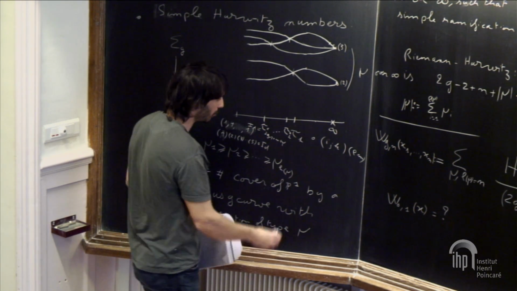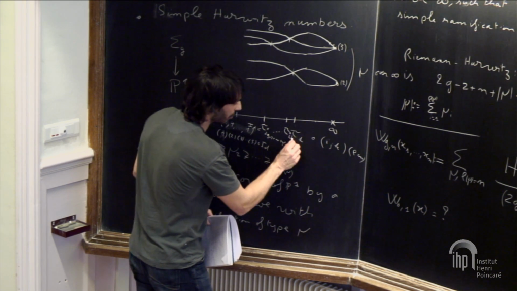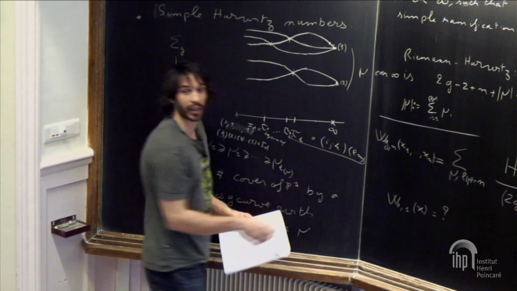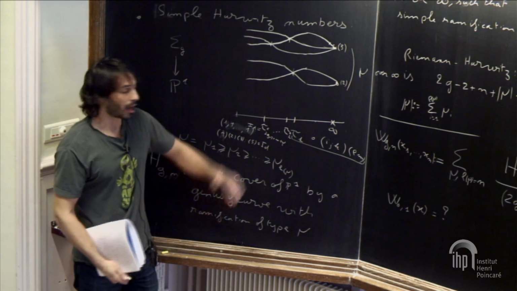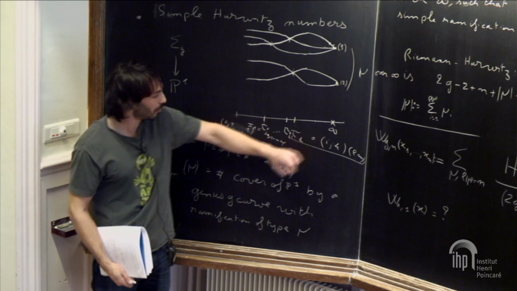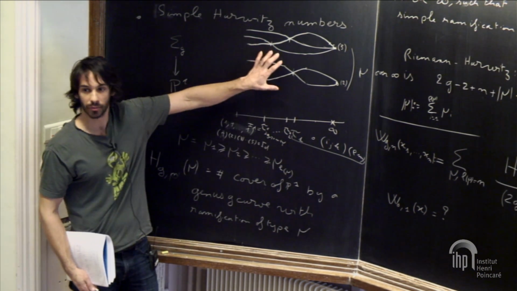And now what you can do is say, OK, what happens when I compose this first transposition with this one? I get another permutation. So I will get another Hurwitz cover with another input here with one less simple ramification point.